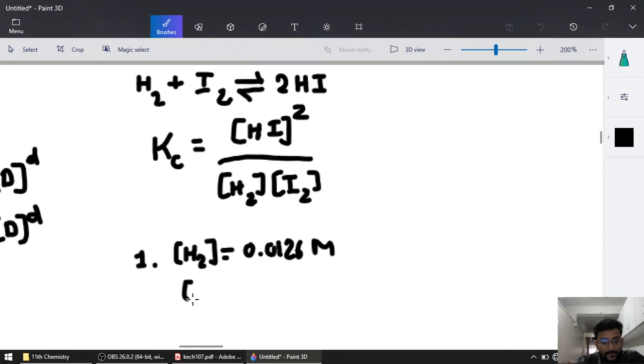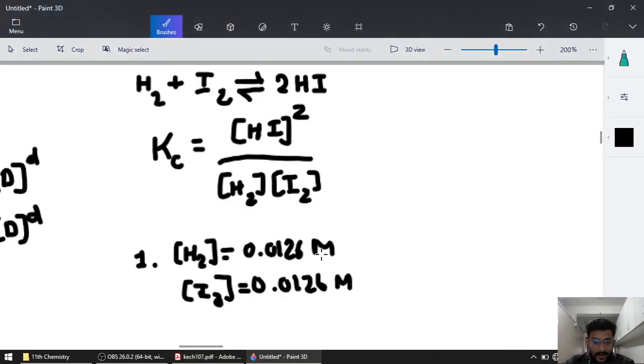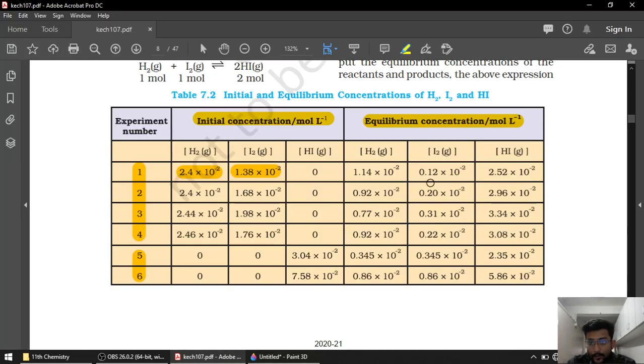I2 was also used, 0.0126 molar. You can simply subtract the equilibrium value from the initial value and you get the amount used in the reaction. Both are the same, and that will be equal to the amount of HI formed.